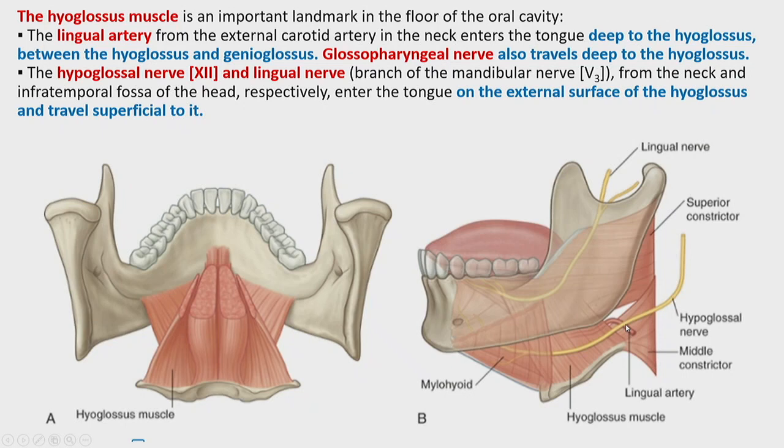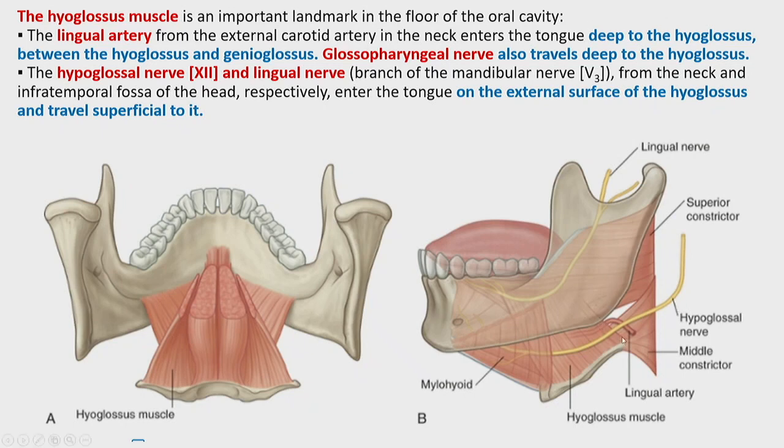And this lingual artery is passing through this oropharyngeal triangle, going upward, making a loop, and going deep to the hyoglossus muscle. So this is the lingual artery. The glossopharyngeal nerve, which is cranial nerve number 9, is also deep to the hyoglossus muscle.